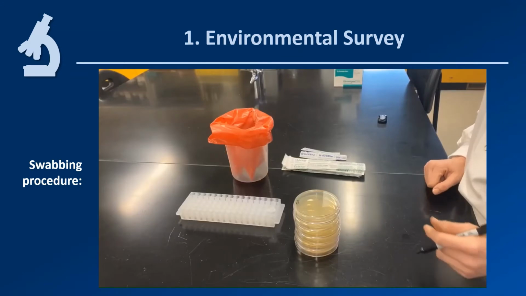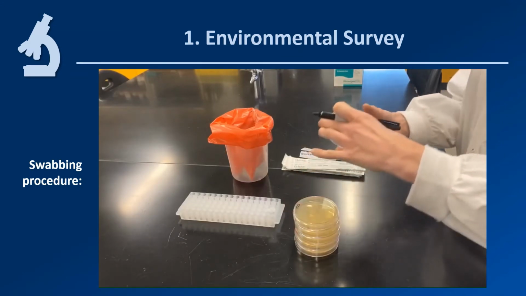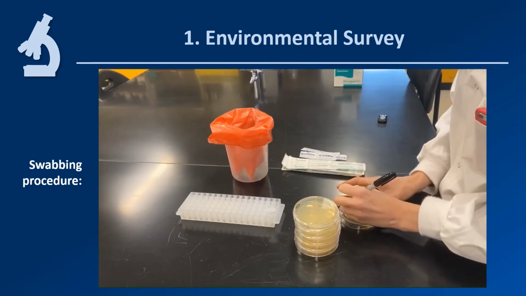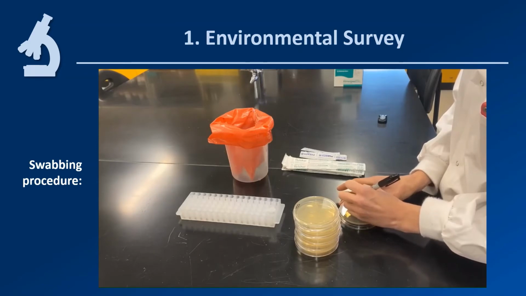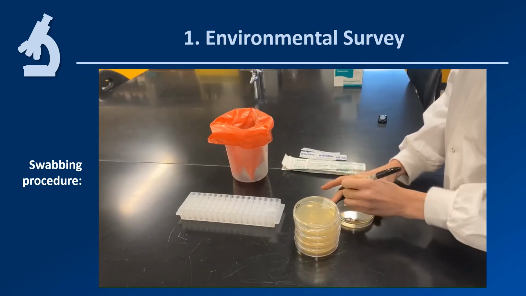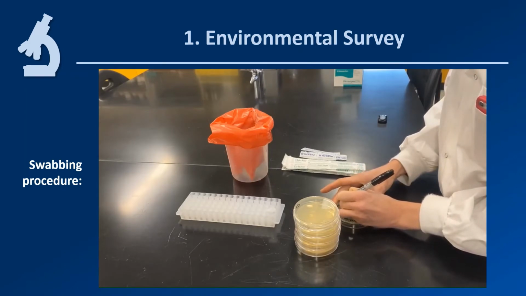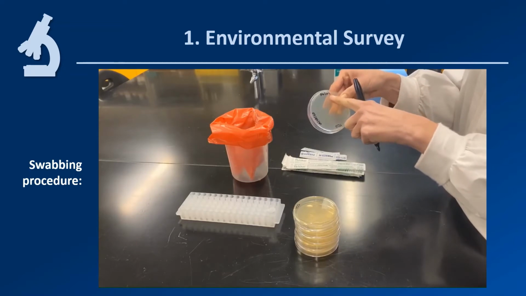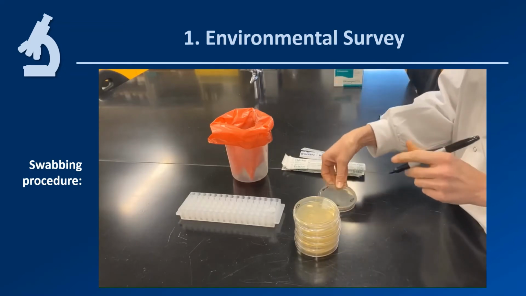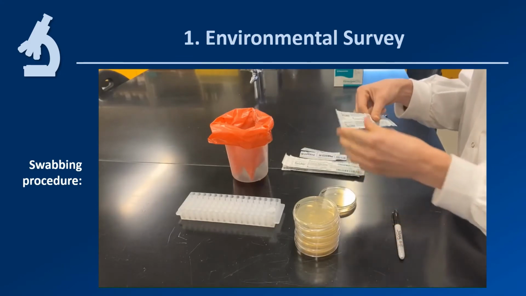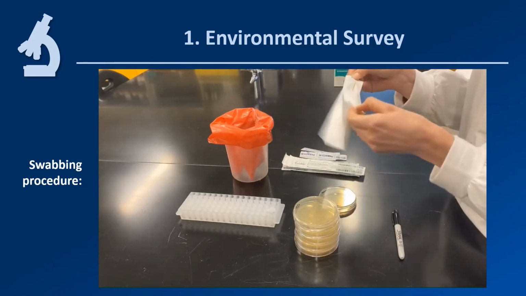Okay, I am going to begin by labeling my TCS plate with the date, and what I am swabbing. So here is today's date, and I am swabbing the palm of my hand. So next, what I'm going to do is take my sterile swab and open it.